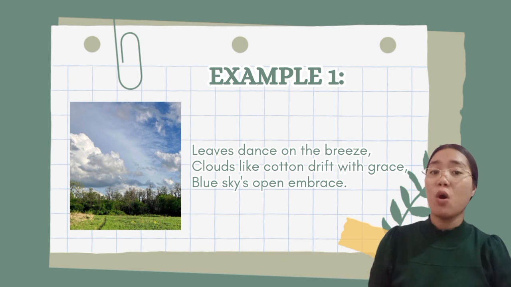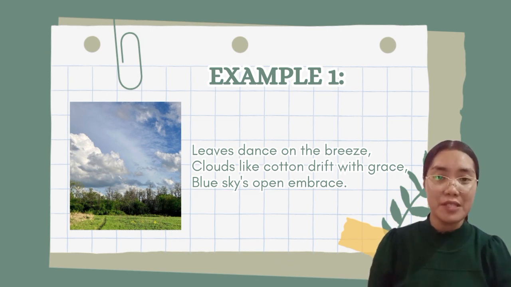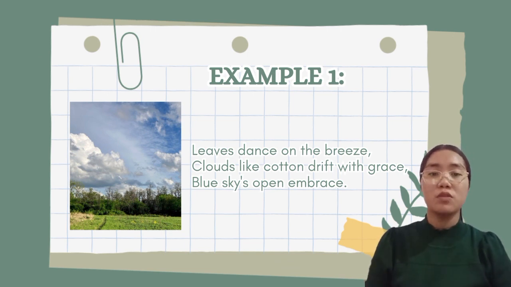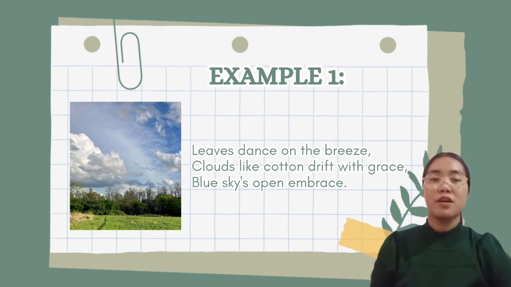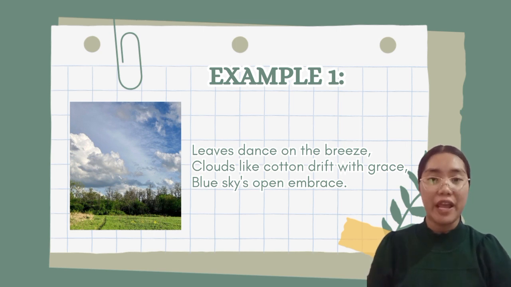Since you already know what is haiku and its characteristics, let's now delve into different examples of haiku. Example number 1: Leaves dance on the breeze, clouds like cotton drift with grace, blue skies open embrace. This haiku paints a serene picture of nature in just 3 lines, as you can see.